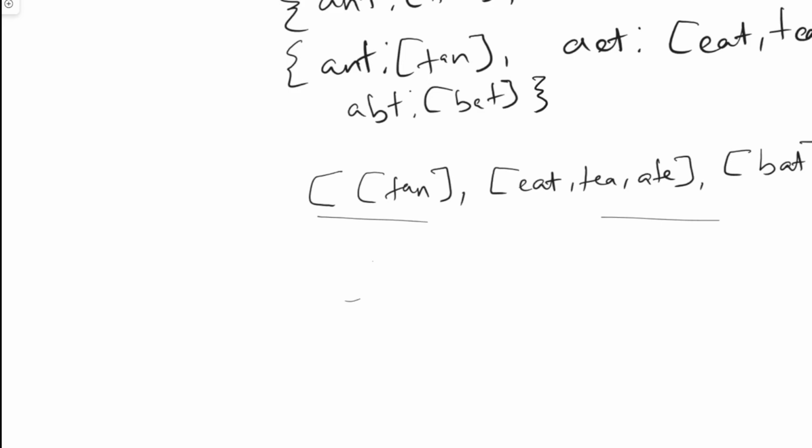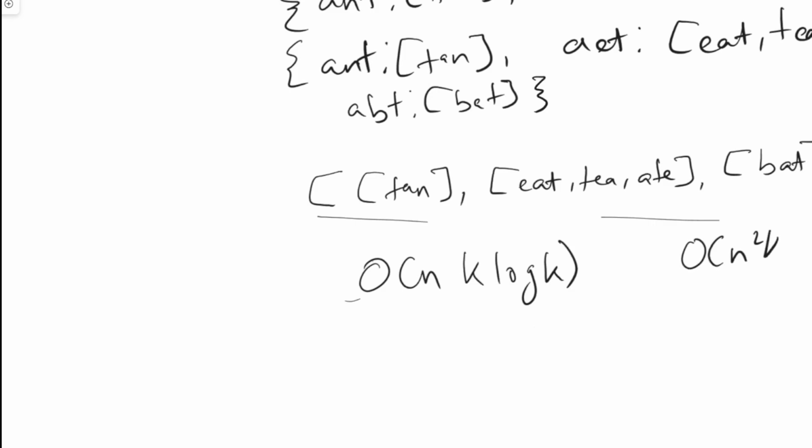So that's where we save our time complexity on the n squared search, the n squared k runtime. So instead, the final time complexity of our algorithm is O of n k log k, which is much better than O of n squared k.